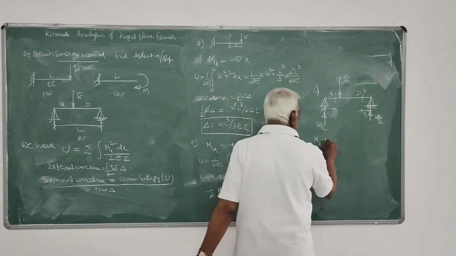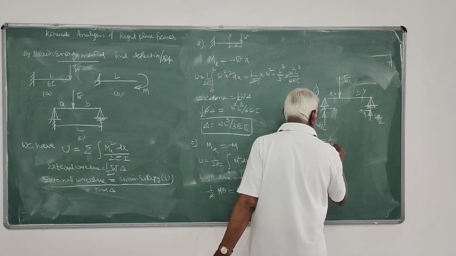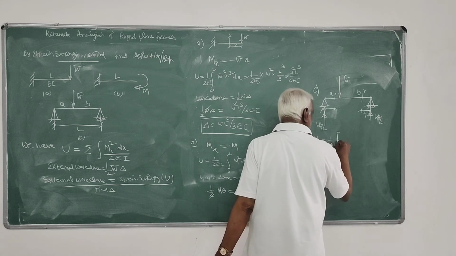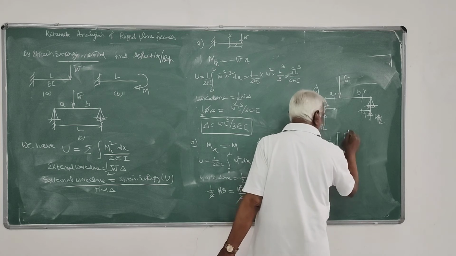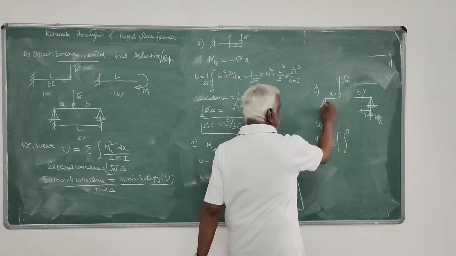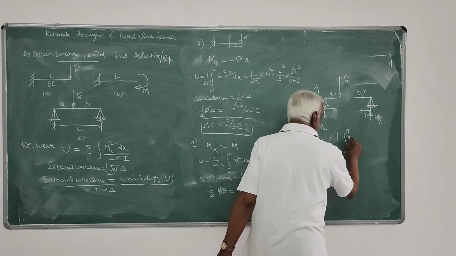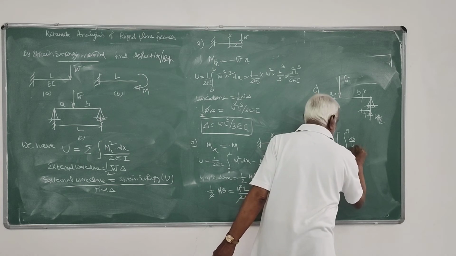So U is equal to 1 over 2EI, integral 0 to A of Mx square dx. Mx here is W B by L into x.